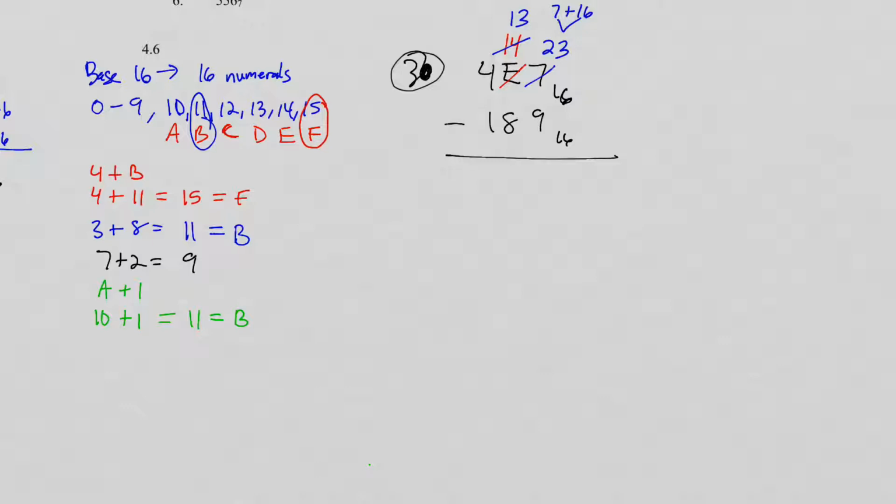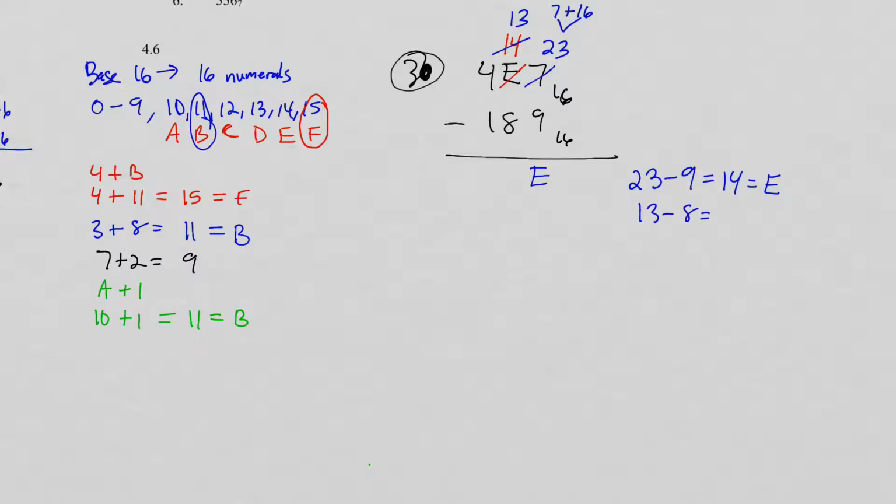So then we're ready to subtract. Our first column is going to be 23 minus 9, which is 14. Now 14 is not enough for a complete set. We have a numeral, in this case a letter that represents 14, so this is going to be E. Then we have 13 minus 8.